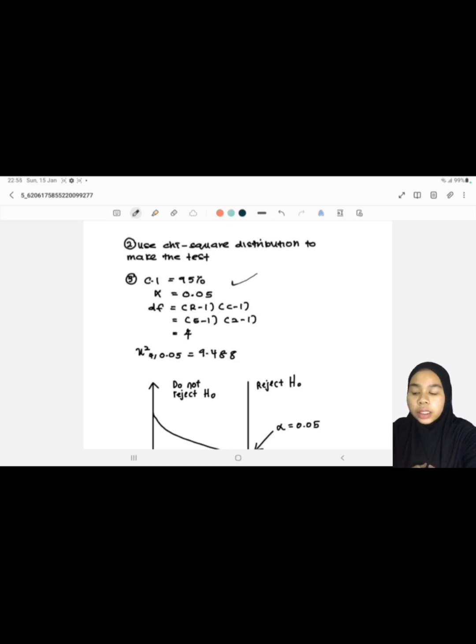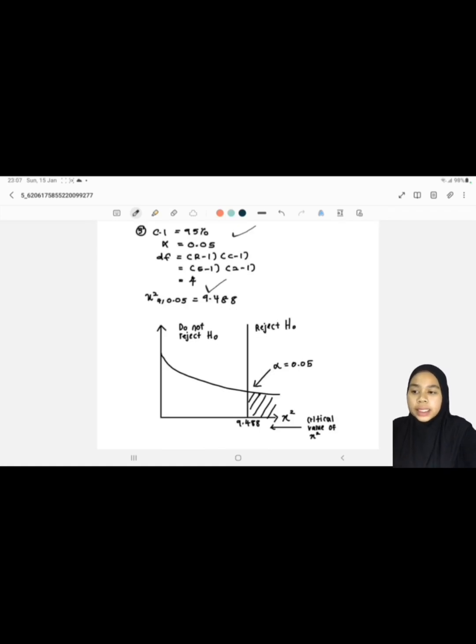And for degree of freedom, the formula is (row minus 1) multiplied by (column minus 1). From the table before, we can see that the value of row is 5 and the value of column is 2. So we can plug in the values of 5 and 2 into the formula of degree of freedom, and we get degree of freedom equals 4.